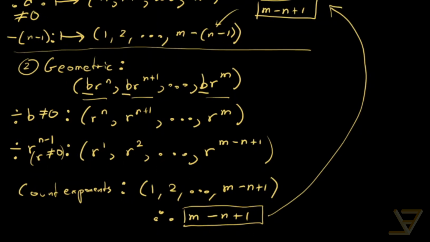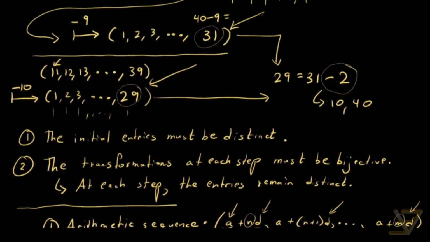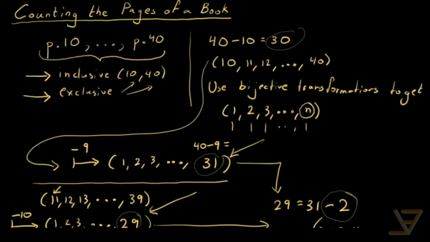Let's do a quick recap of what we did today. We started with the example of counting the pages of a book from page 10 through page 40, and we distinguished between two problems.